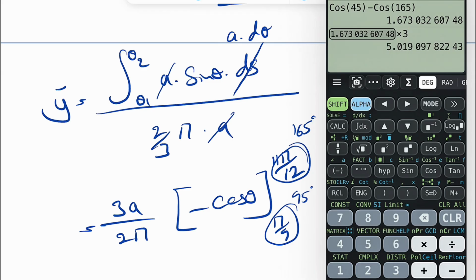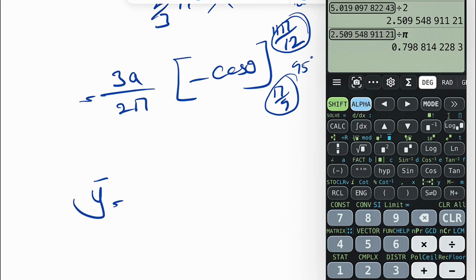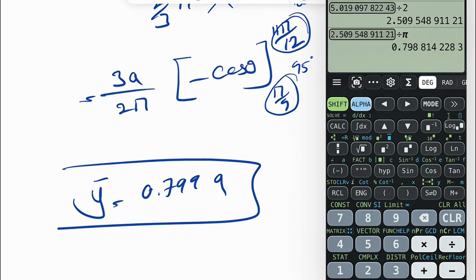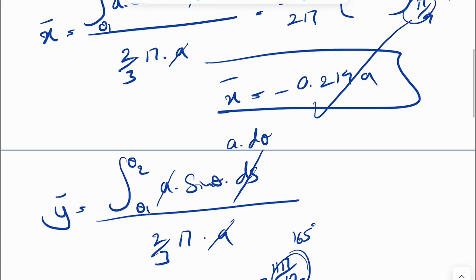And we multiply this by 3, divided by 2, divided by pi. And yeah, the y coordinate would be 0.799a. Don't forget to multiply it by a, and the final answer, so this is actually a. So that's going to be our y, that's going to be our x.